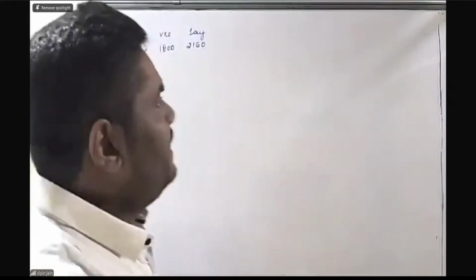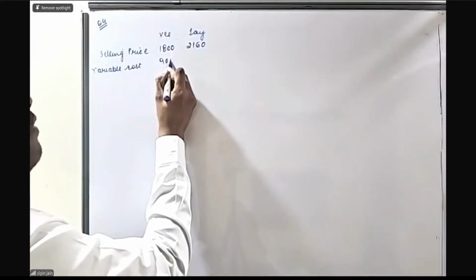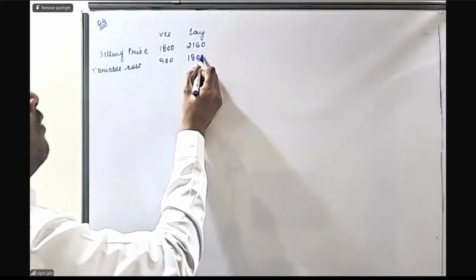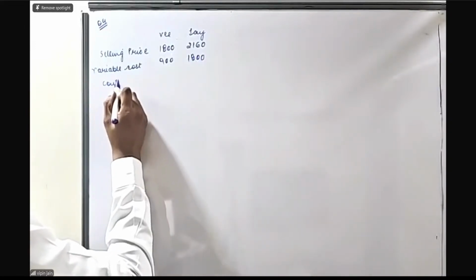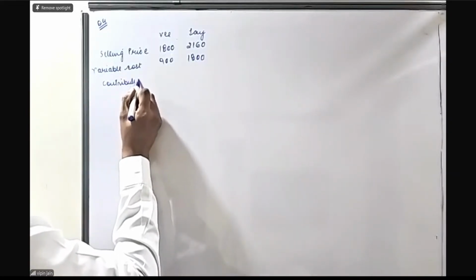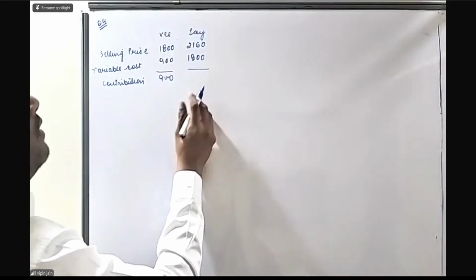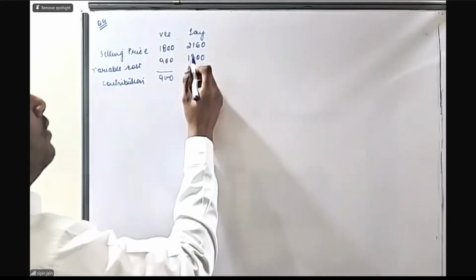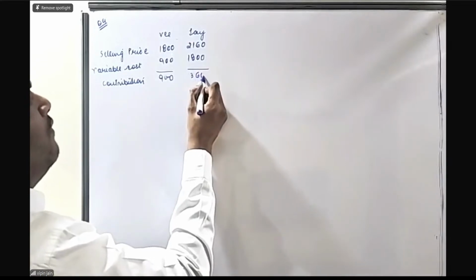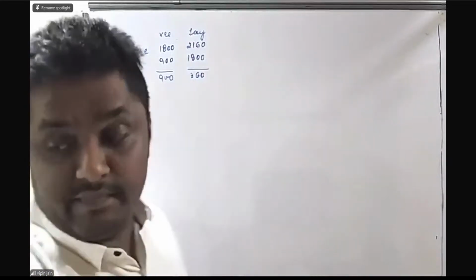Variable cost is given, that is 900 and 1800. My contribution will be how much? For this, it will be 900. For this, it will be 360.